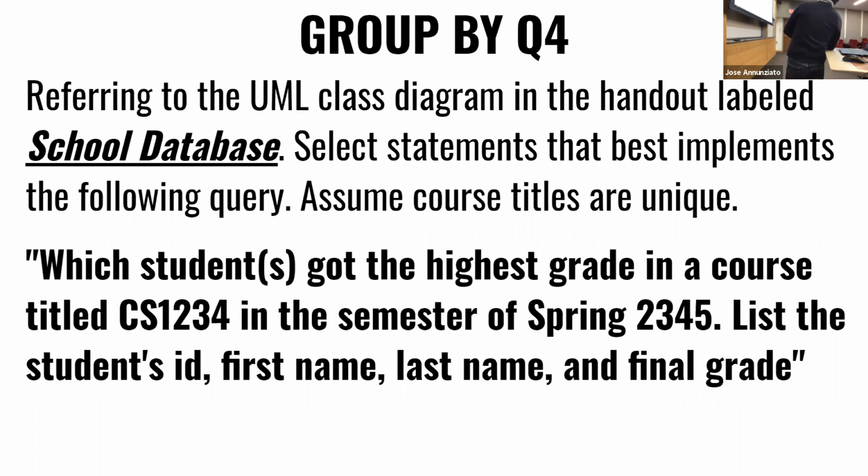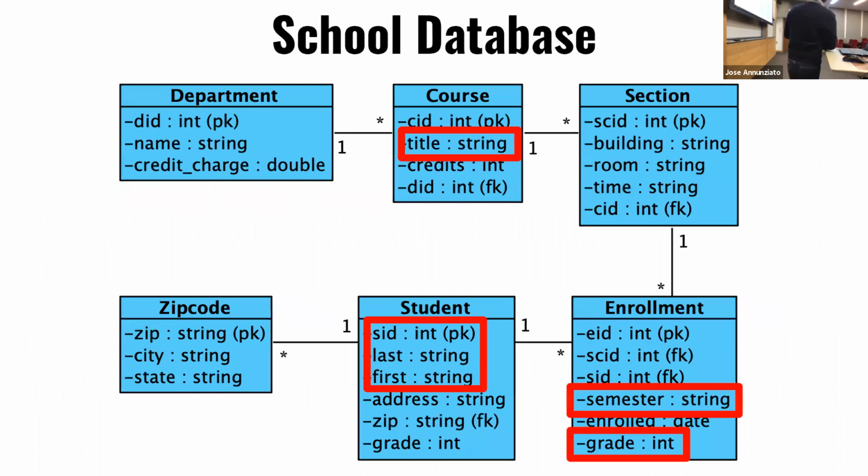Okay, so we need the highest score in a course, right? So let's see, we have a department that has many courses, and one course has many sections, and then students are enrolled in these sections. Enrollment says which students are enrolled in which section. And then we have the zip code for each student, and they're asking us for what?